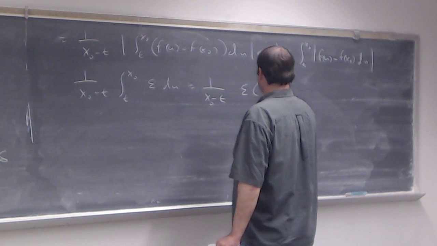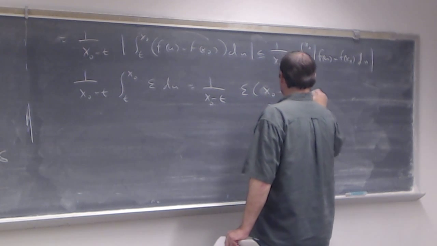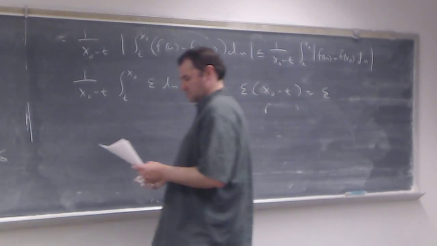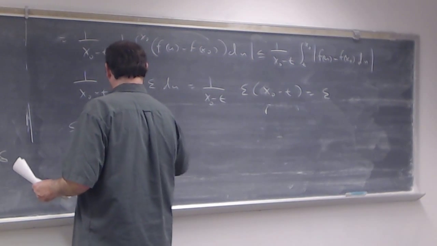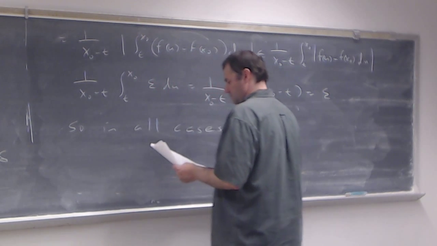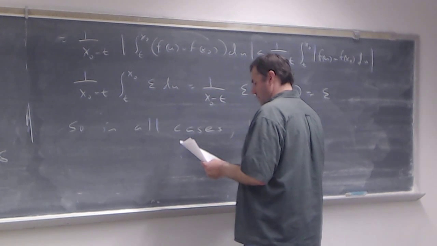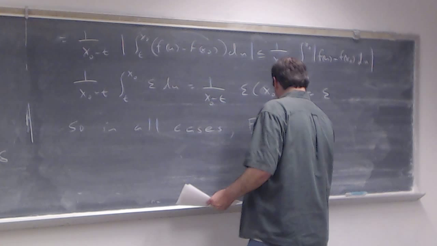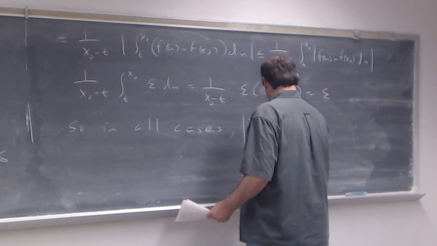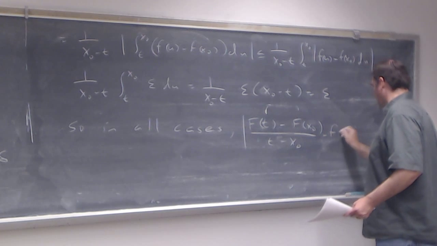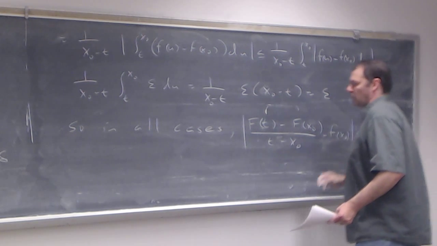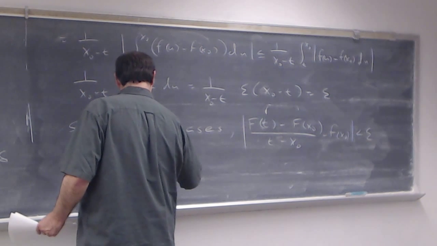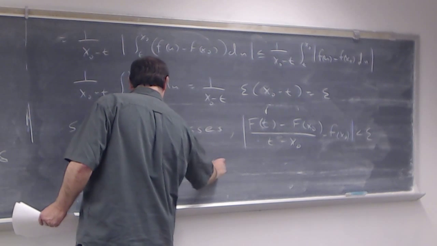This is going to be epsilon times x naught minus t, which equals epsilon. So, in all cases, the absolute value of big F of t minus big F of x naught over t minus x naught, minus little f of x naught, will be less than epsilon whenever the absolute value of t minus x naught is less than delta.